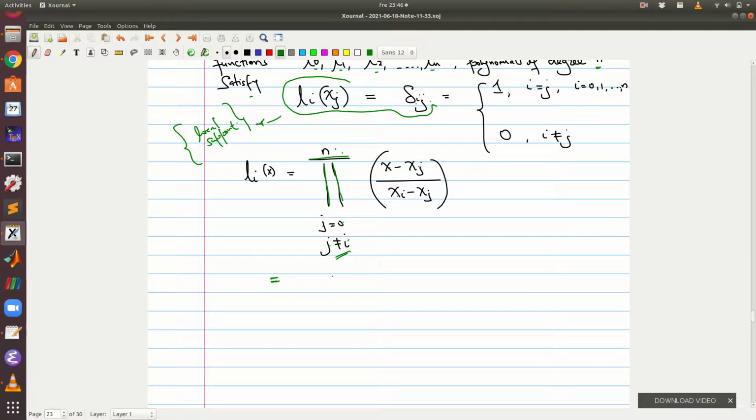We have x minus x naught, then next we have the product x minus x1, where j is 1, then x minus x2 and so on and so on, until we reach the point x minus x(i minus 1).